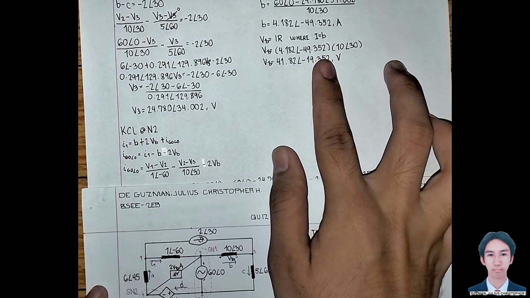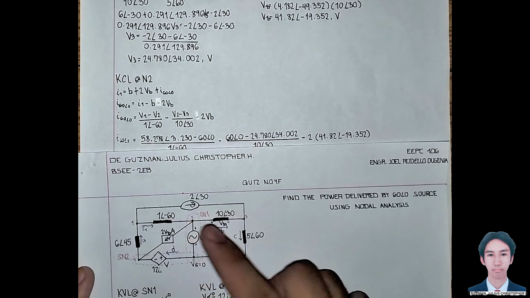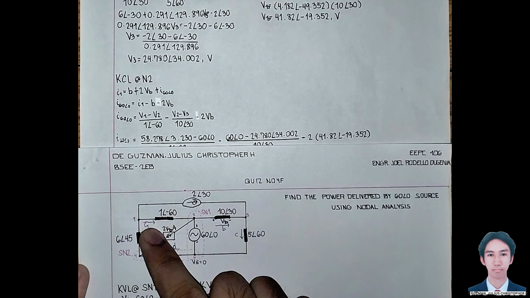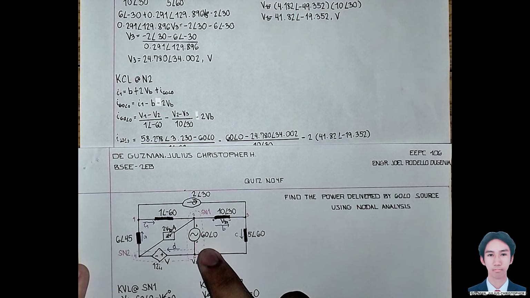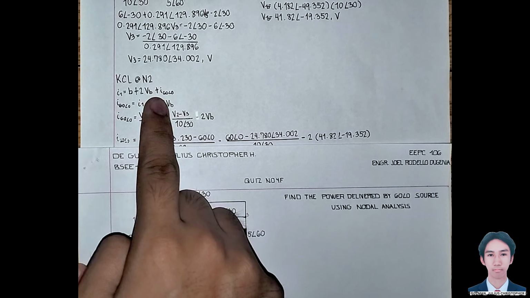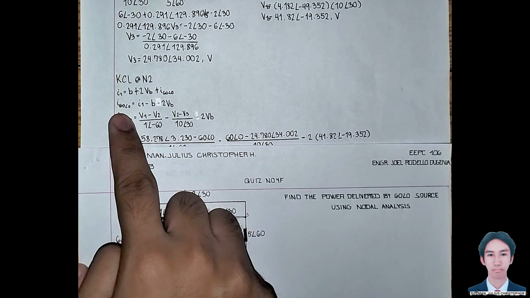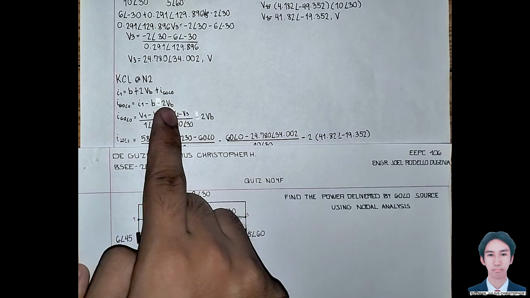Now let's have KCL at node 2. So this is our node 2. The current entering node 2 is I1 only, and the currents exiting are B, twice the voltage V_B, and the current of the 60∠0° source. That's why our equation is I1 is equal to B plus twice V_B plus the current of the 60∠0° source, wherein the current of the source is equal to I1 minus B minus twice V_B.